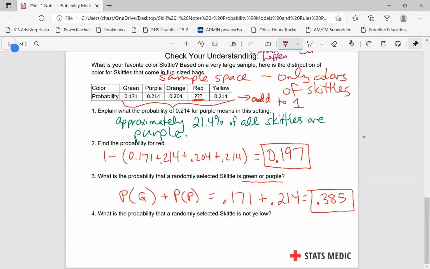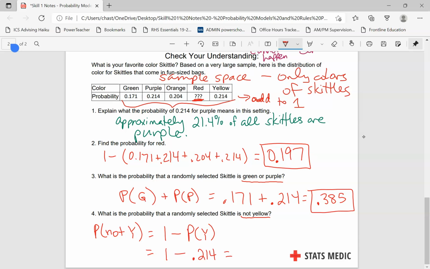What is the probability that a randomly selected Skittle is not yellow? To figure out not yellow, you do 1 minus the probability that it is yellow. So that'll be 1 minus, let's see, yellow is 0.214.